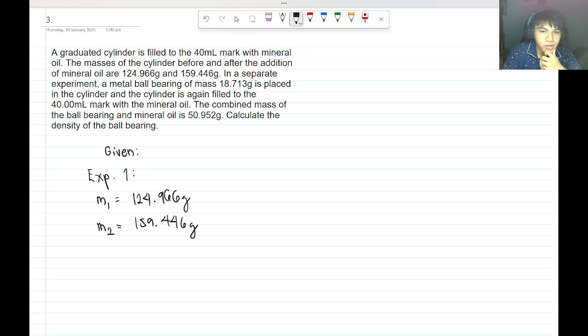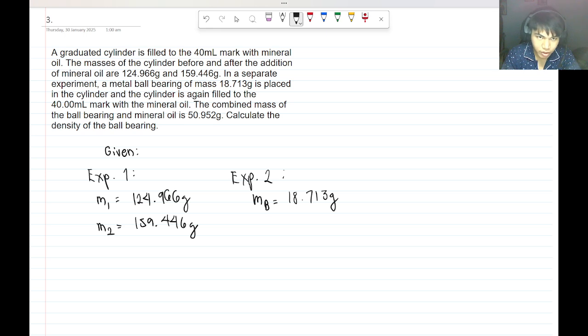And for experiment 2, you have the mass of the ball, 18.713.